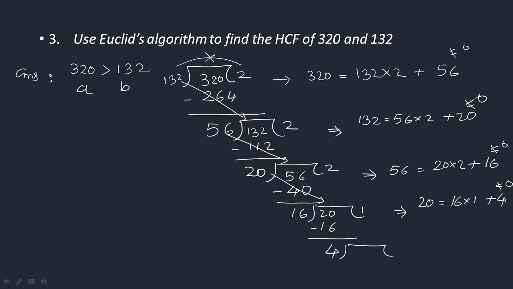So we will again divide 16 by 4, and we have 4 times. 4 into 4 is 16. So we obtain the remainder 0 here, so we will stop here. So we have 16 is equal to 4 into 4 plus 0. Now the remainder becomes 0, right? So at the time when the remainder becomes 0, we have 4 as the divisor.